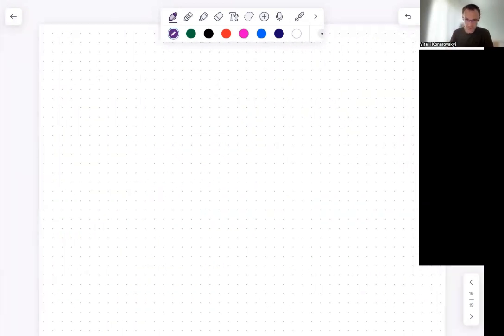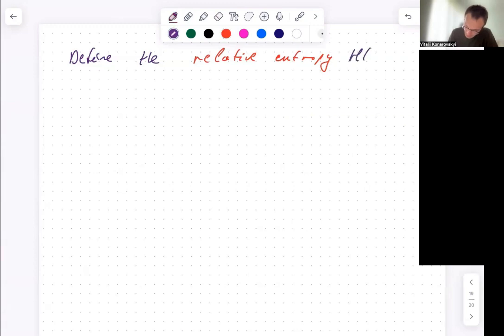Then we want to introduce the concept, or the definition, of relative entropy. Here the idea is the following: we define the relative entropy h(nu given mu) as before.